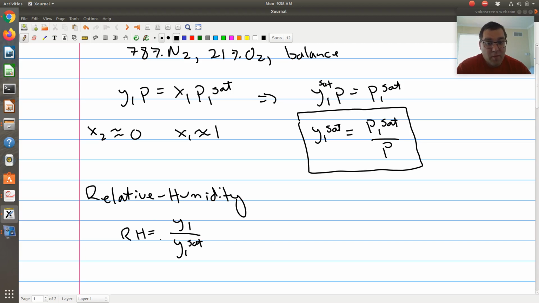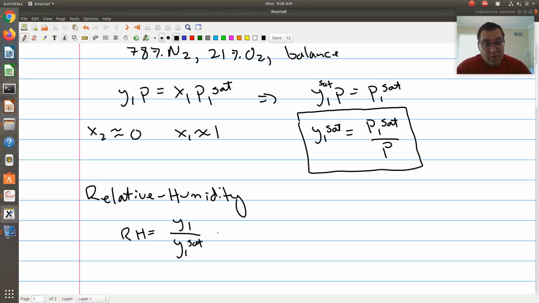So the relative humidity tells us how close y1 is to y1 sat. If relative humidity is 1, that means y1 is equal to y1 sat. That means I'm at saturation. Water is going to begin to condense out of my vapor phase.